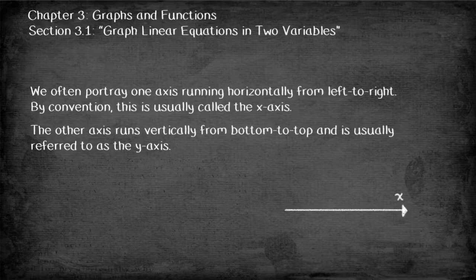The arrow is indicating in which direction is positive. Same for the y-axis, going from bottom to top. The arrow is indicating the direction that is positive. And like I said before, these two lines intersect at one point called the origin.